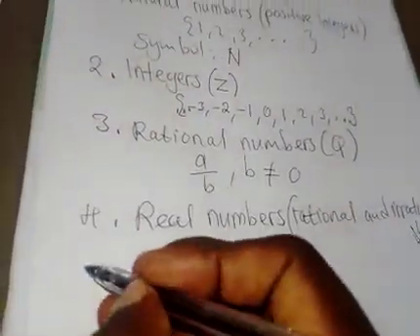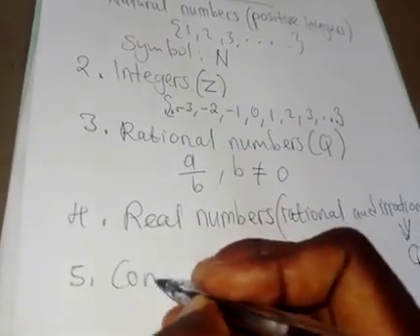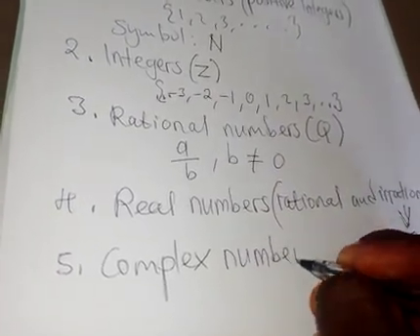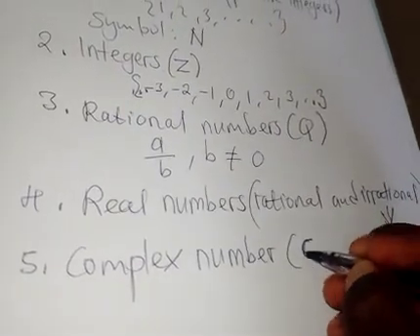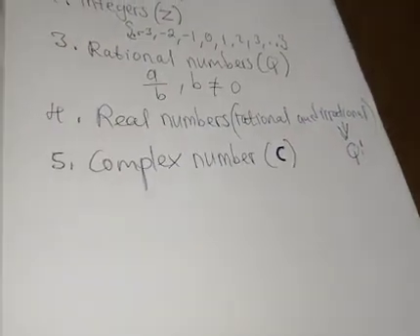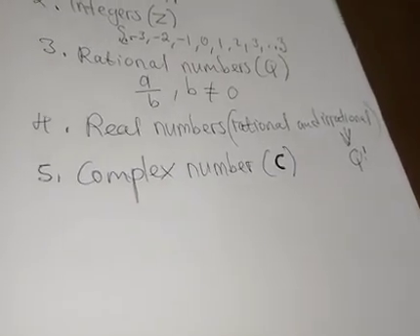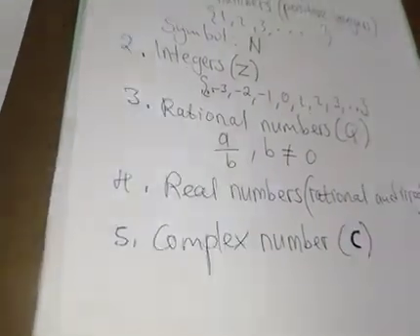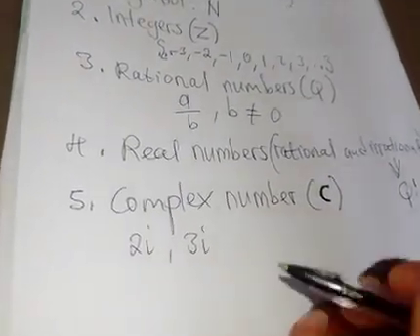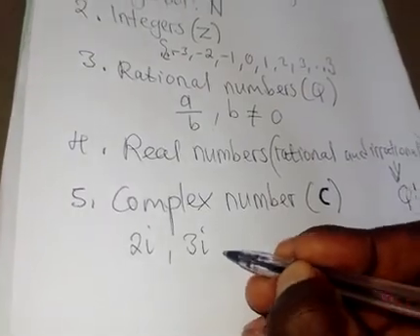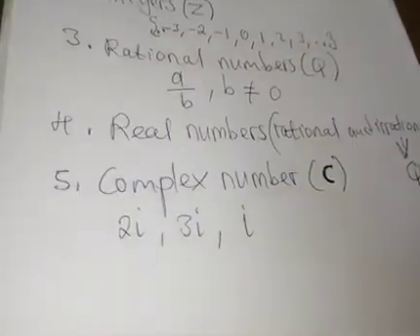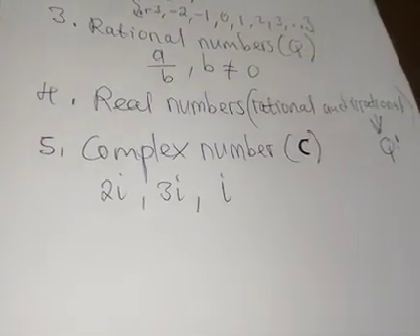Then we also have complex numbers, with the symbol C. We can say these are imaginary numbers, numbers like 2i, numbers like 3i. i itself is a complex number. We'll talk more about the complex numbers later.